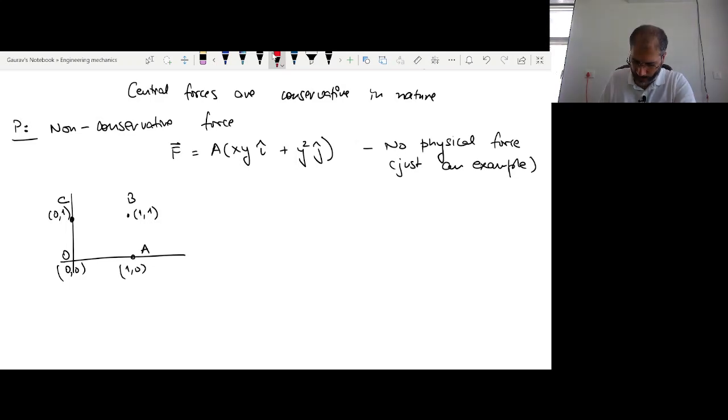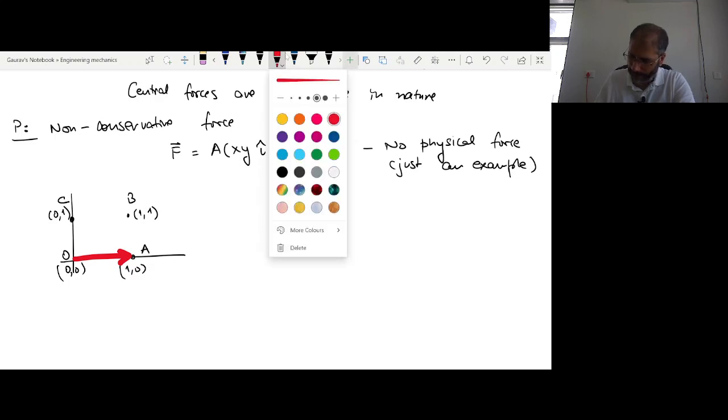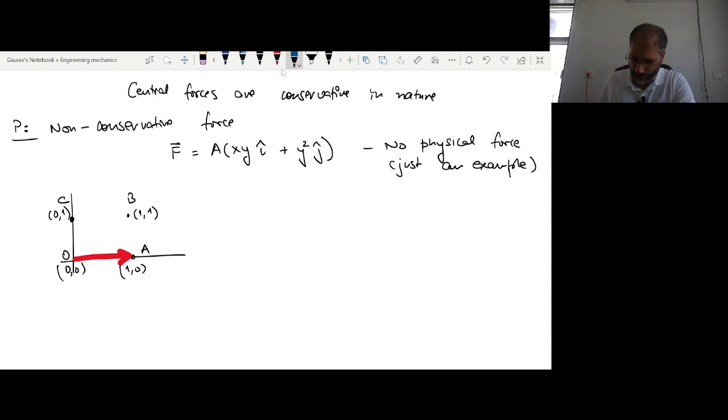One is path 1, that we will denote like this, and the other one is path 2, that is a longer one.